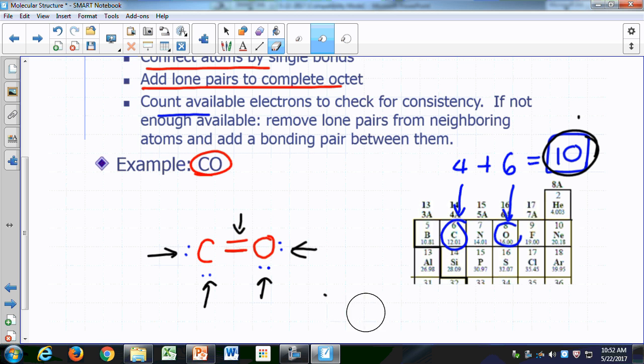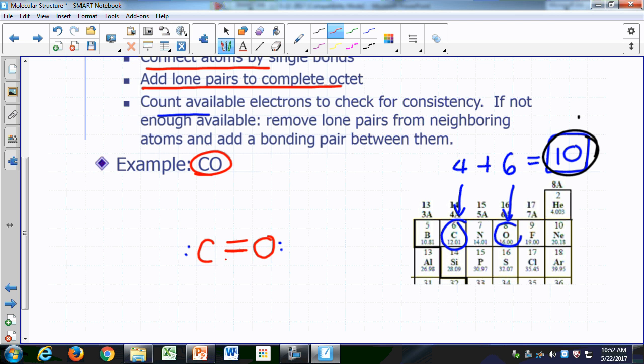And so the next thing we do is take out another pair of lone pairs. So I take a lone pair from the carbon, this lone pair, and take another lone pair from the oxygen, that lone pair, and replace those 2 lone pairs by another bonding pair. So now you have a triple bond between the carbon and the oxygen. Okay? And 2 lone pairs, 1 on the carbon, 1 on the oxygen.